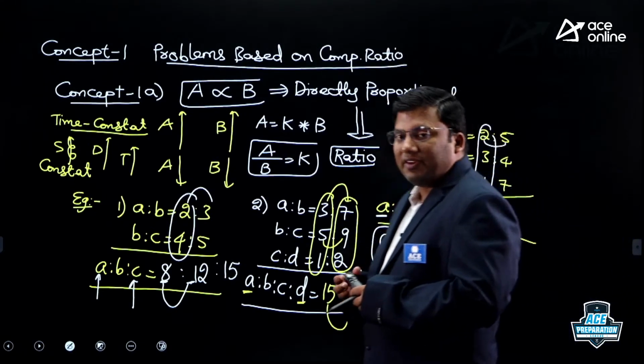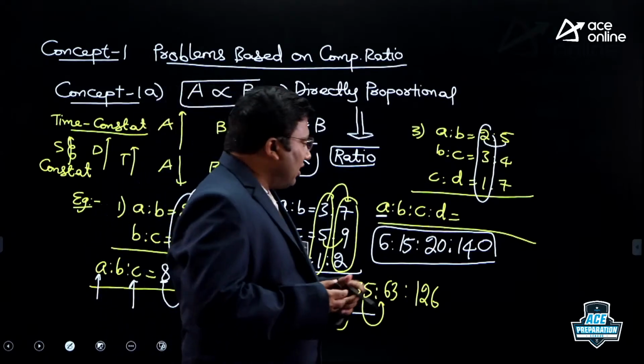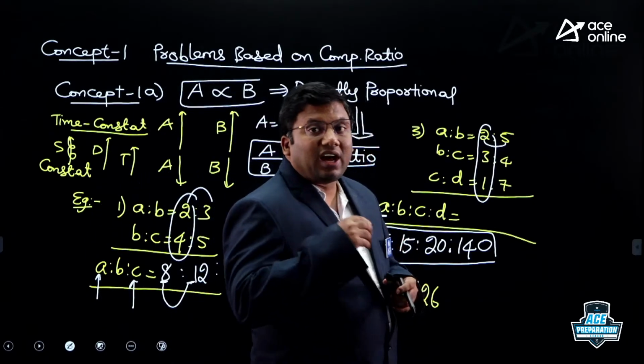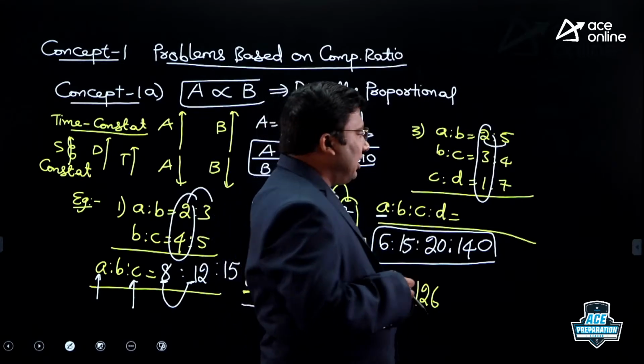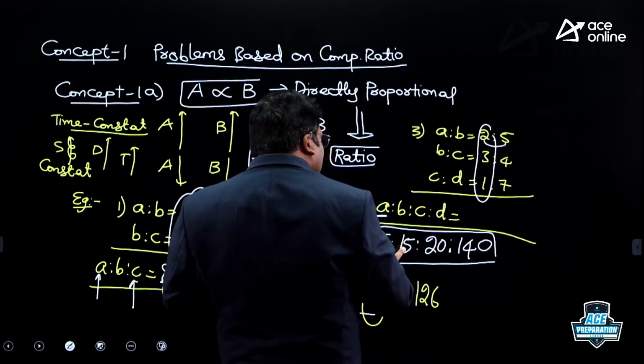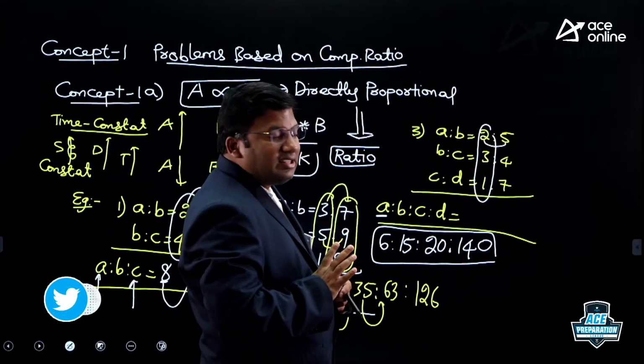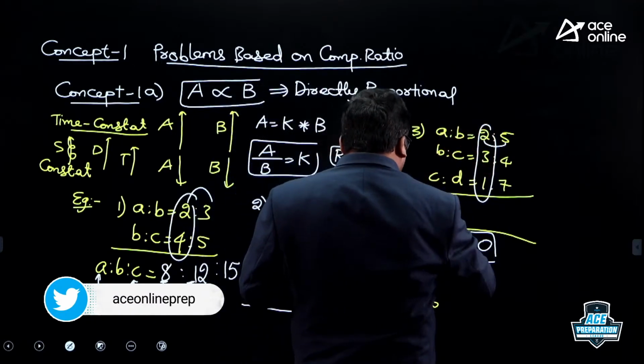To get the first variable, multiply all the first. 2 into 3 into 1, which is 6. To get the last variable, multiply all the last. 5 4s are 20, 20 7s are 140. Next is A is to B. 2 became 6. 2 3s are 6. 5 3s are 15.